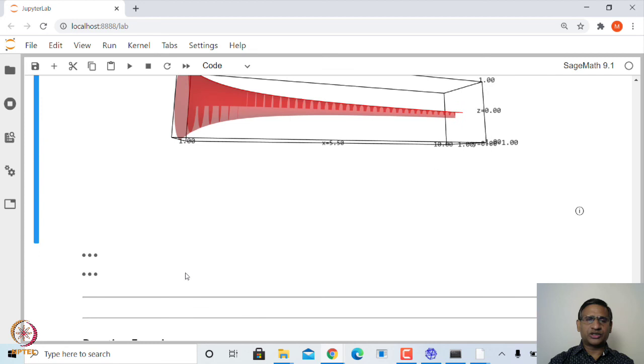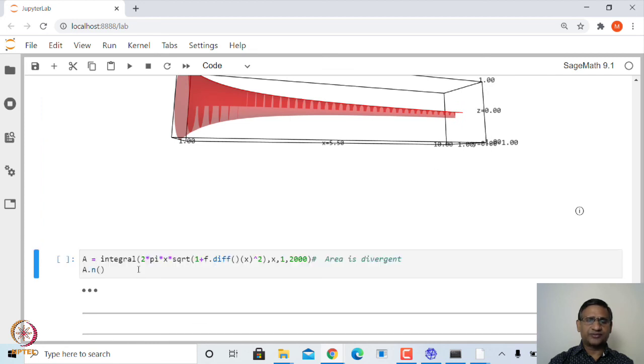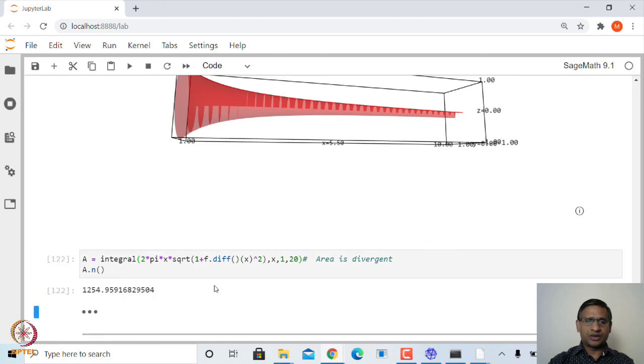Now, the interesting thing about this surface is that if you try to find its surface area, for example, the surface area calculated between 1 and 20 using the formula for surface area is 1254.